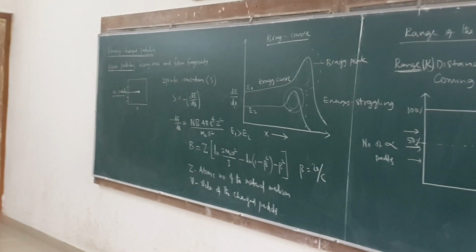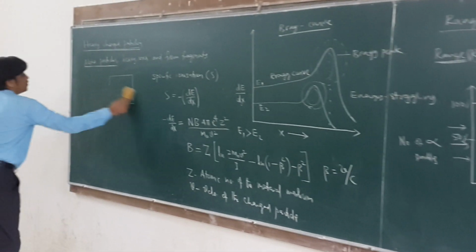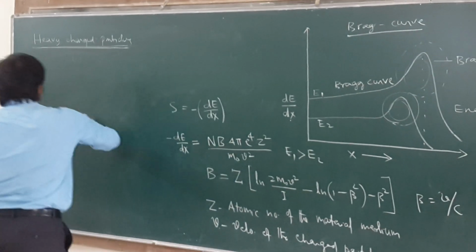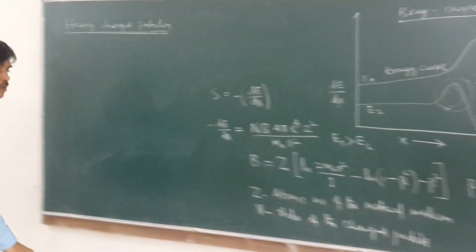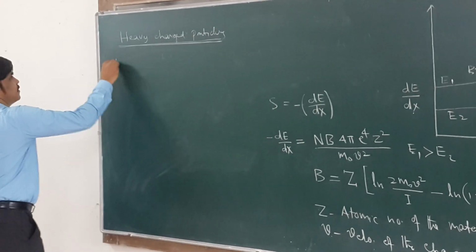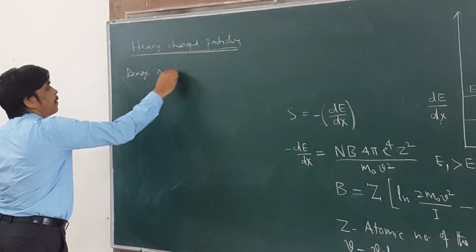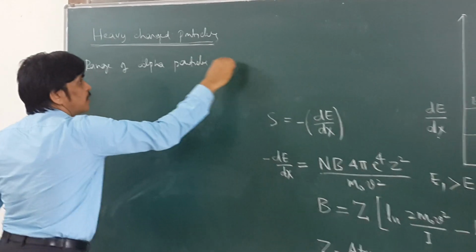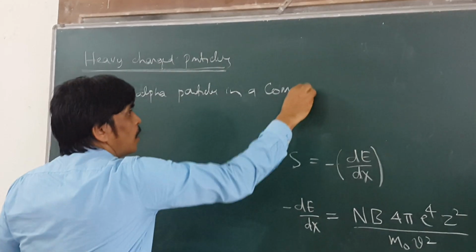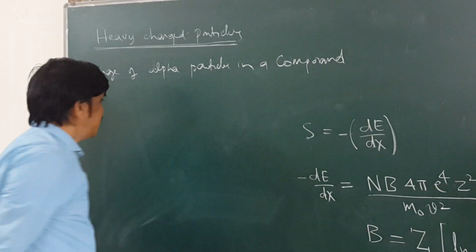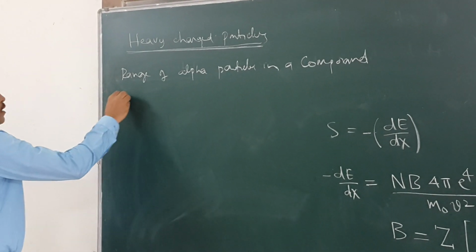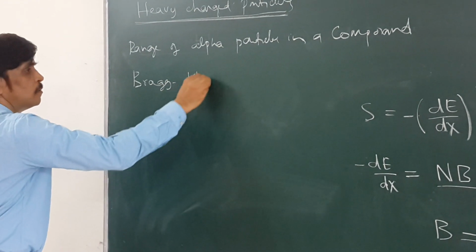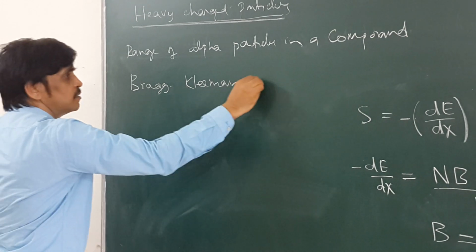For a compound, for example, if you consider a medium which consists of more than one species of atoms in the compound, that is basically given by the Bragg relation.